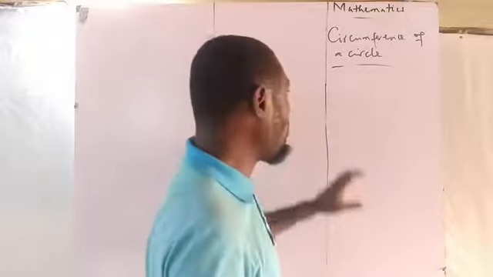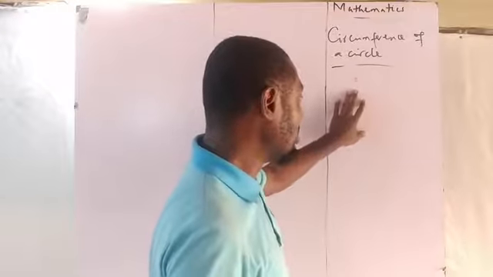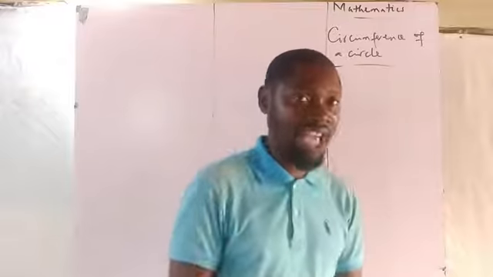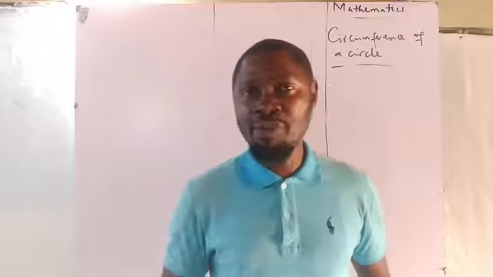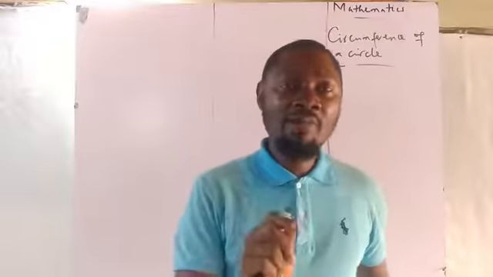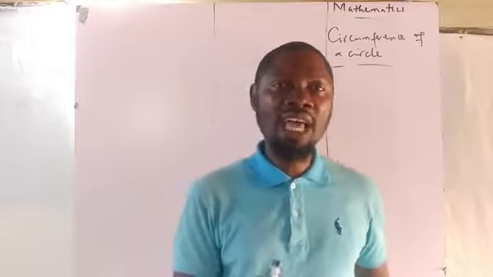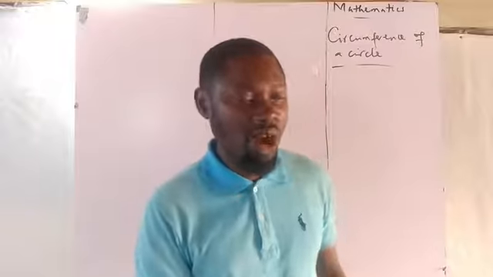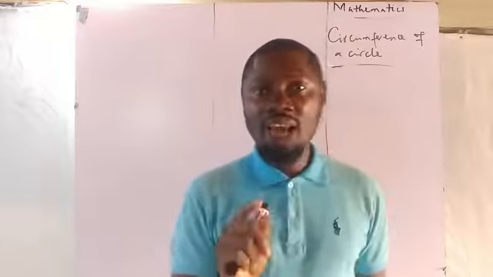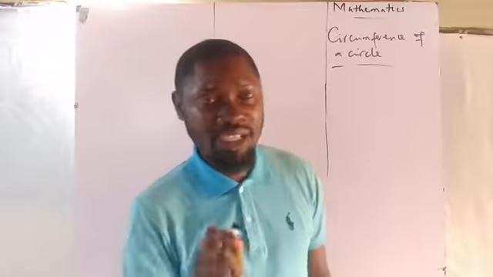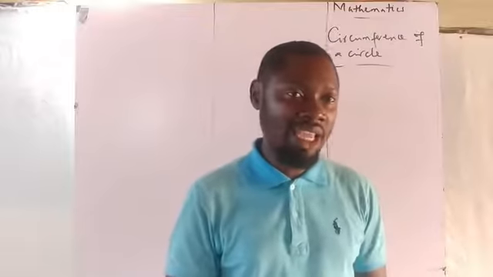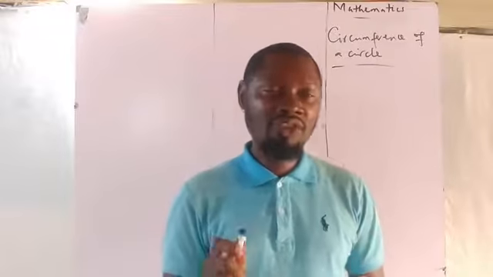And we came up with the formula for the circumference of a circle. I also mentioned in that class, if I remember properly, the man who was able to calculate the circumference of the earth accurately, his name was Eratosthenes.